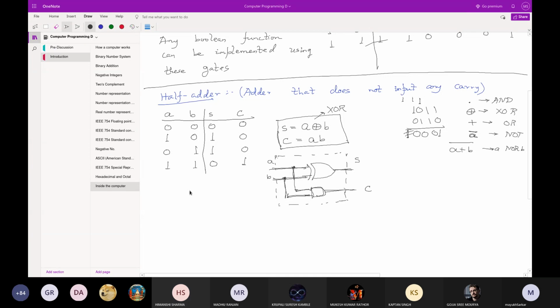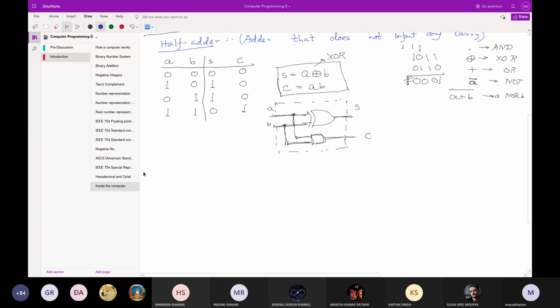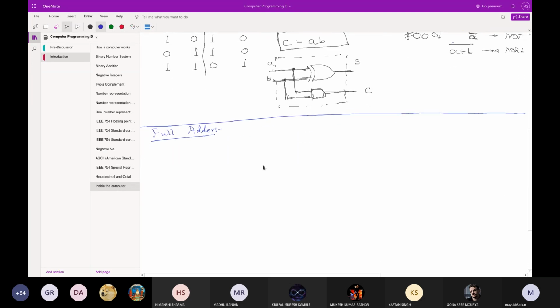Now, similarly, we can create a full adder. To create a full adder, we will have to look into the corresponding truth table as well. The full adder, that means the original adder, takes 3 inputs: A, B and the carry in.